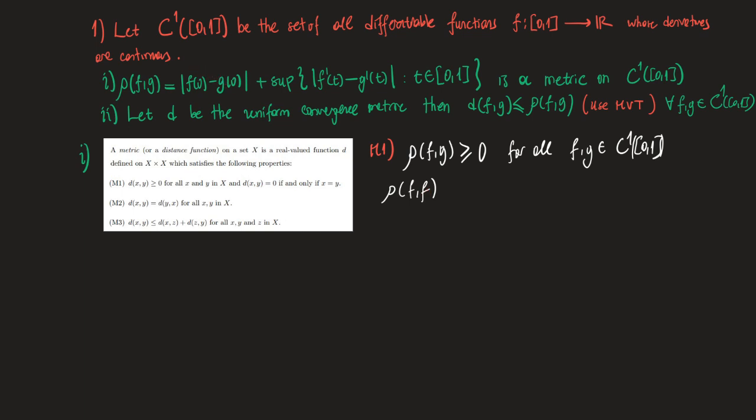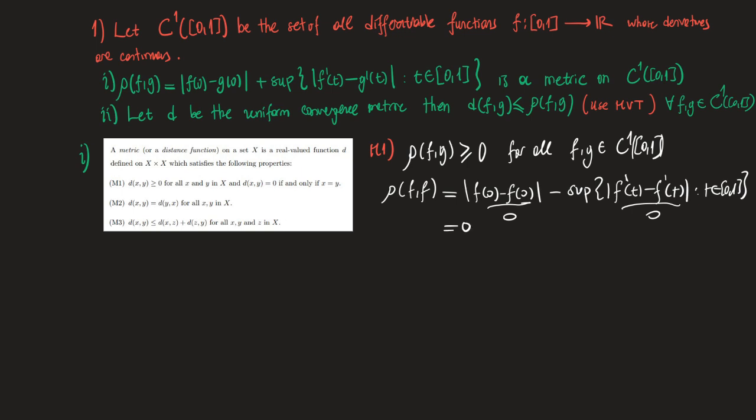Let me write the definition: f(0) minus f(0), plus the sup of |f'(t) minus f'(t)| over t in [0, 1]. This is always 0, so it is 0.